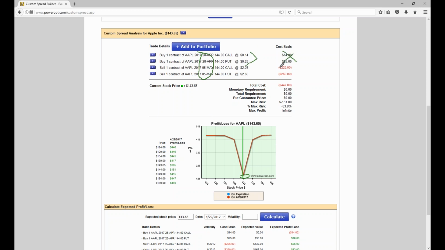These options are now gone. And with the stock at 143.65, remember you had bought a 144 put, which is now 35 cents in the money. So if you didn't close it, your broker exercises this, and you're now short 100 shares of Apple at 144 with a short straddle from the 2 options that you sold in this position.